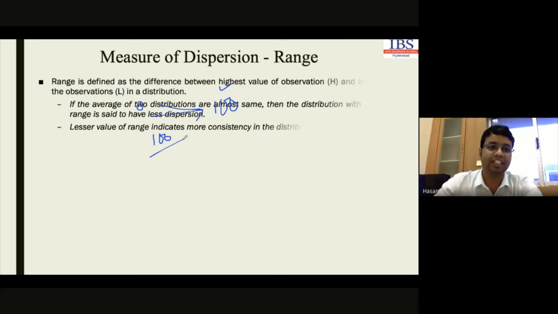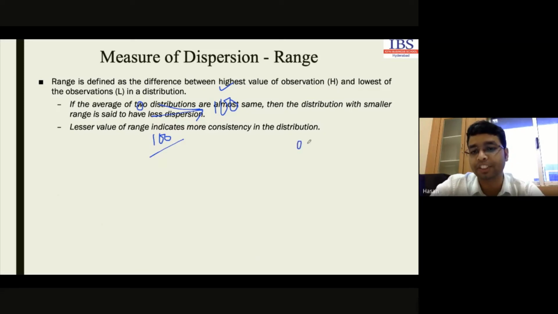So look at this point here. Range is defined as the difference between the highest value and the lowest value in the observations. If the averages of two distributions are almost the same, then the distribution with the smaller range is said to have less dispersion. I have already taken the example of 0% to 50% off and 20% to 30% off. Which one is better?